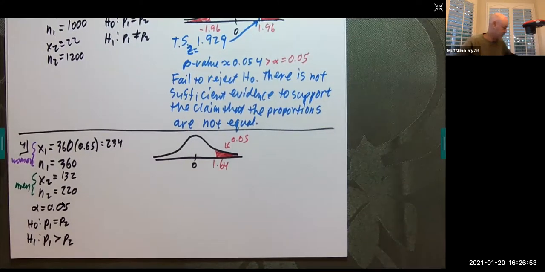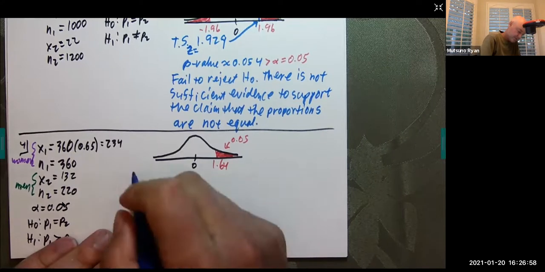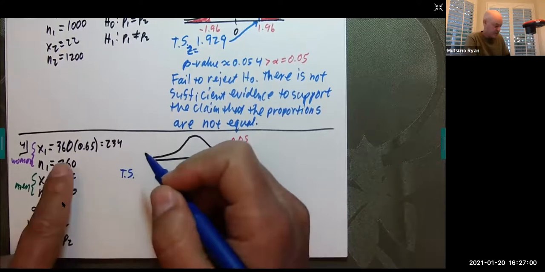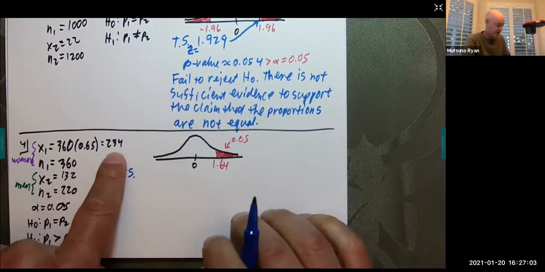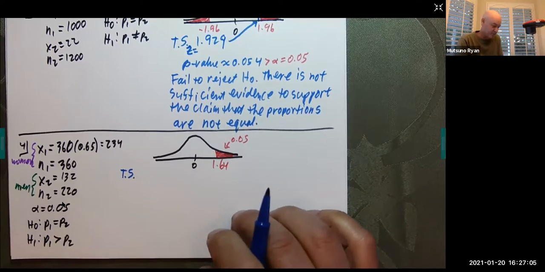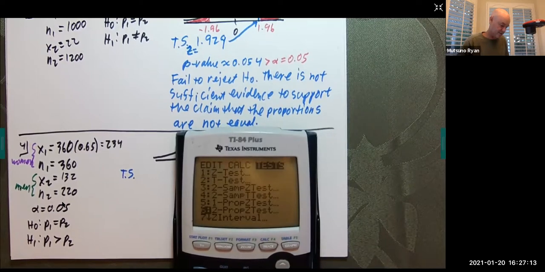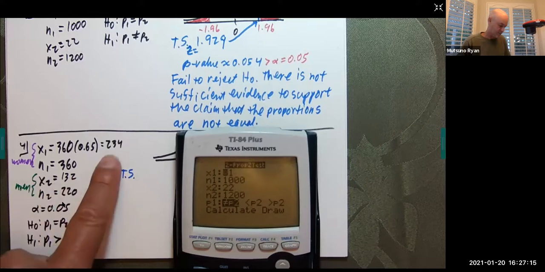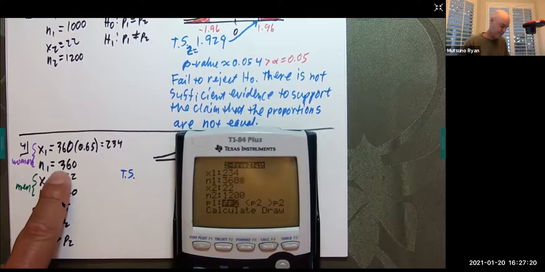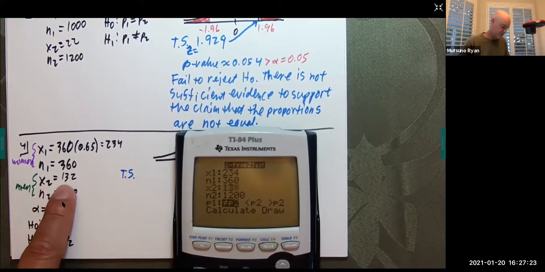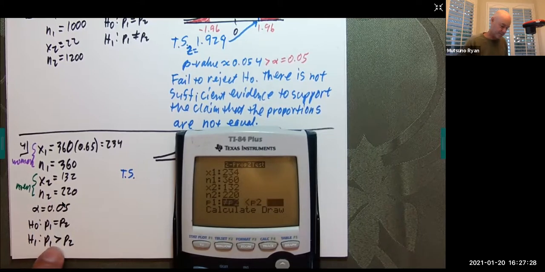All right, so let's get our test statistic and our p-value. By converting the proportion into the x, the numerator, I can run the actual test here. Stat tests. This is a 2 proportion z-test. So 234 out of 360, 132 out of 220. This is a greater than.